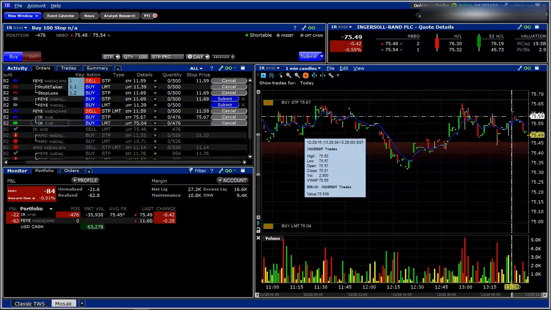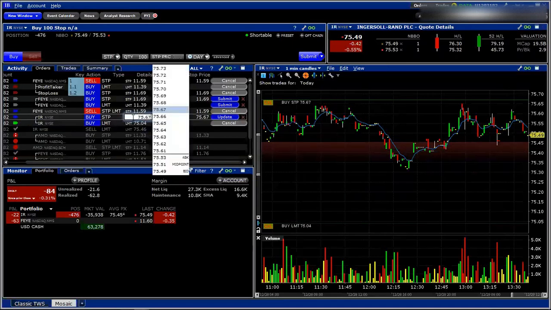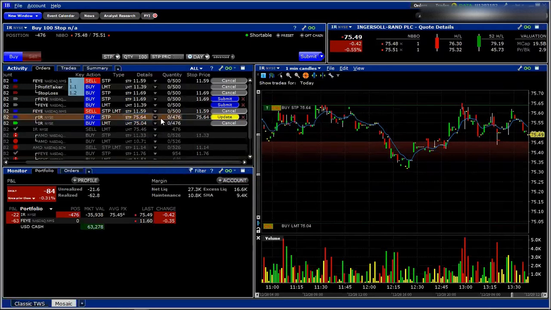And when I put my cursor there, the high there is 75.62. The way I'm going to do that is I'm going to put my cursor right over there and click on that, and I can change that to a 4 and hit enter. Now see, it says update, so I haven't done that yet, but that's how I would do it.